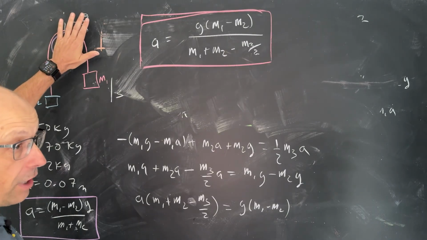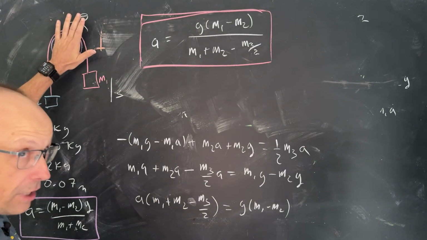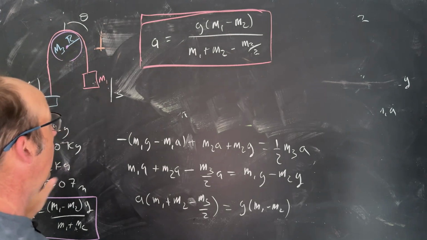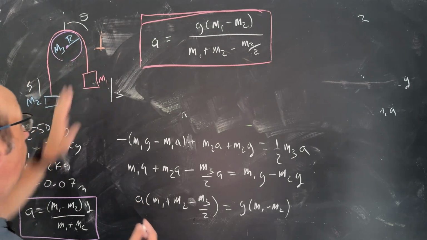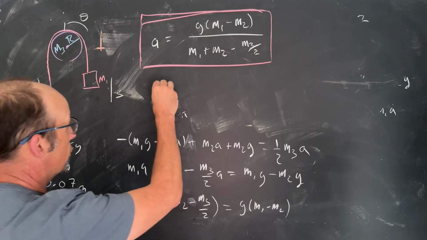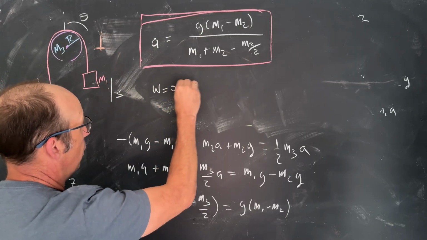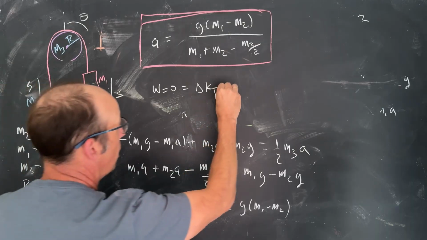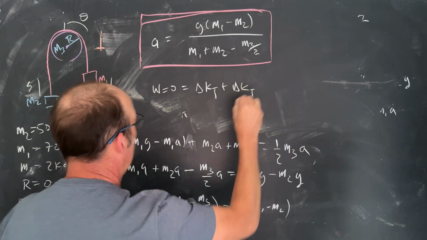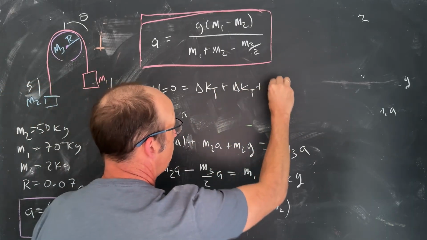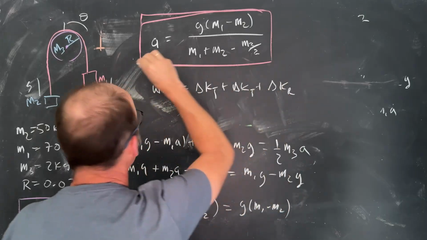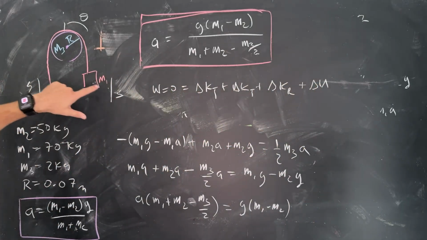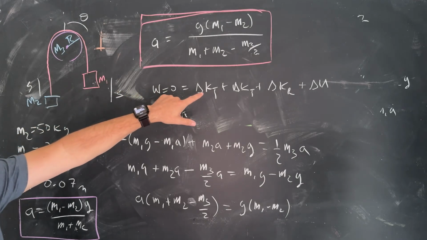But this is going to have some rotational kinetic energy, and these will have translational kinetic energies. And there's no work done on the system if we have a change in gravitational potential. So you're going to get work equals 0. It's a change in translational kinetic energy for 2, plus a change in translational kinetic energy for 1, plus a change in rotational kinetic energy for the disk, plus a change in gravitational potential. So it will have an s in there, and you can solve for the final velocity.